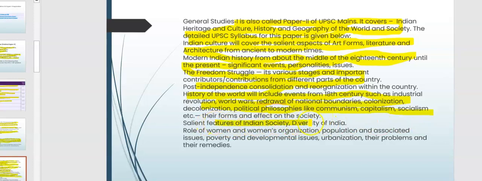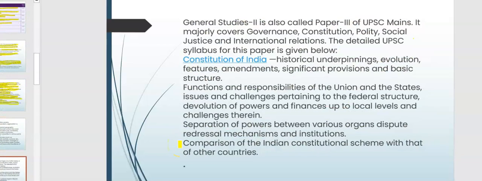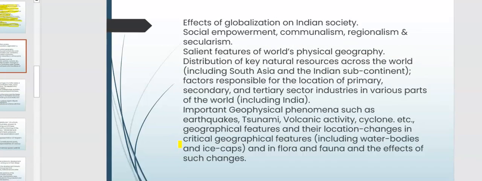Salient features of Indian society, diversity of India, role of women and women's organization, population and associated issues, poverty and developmental issues, urbanization, their problems and their remedies. Effects of globalization on Indian society and economy, social empowerment, communalism, regionalism, and secularism.